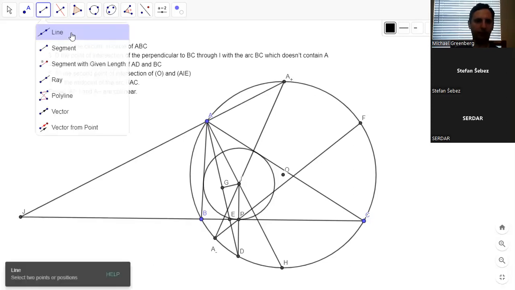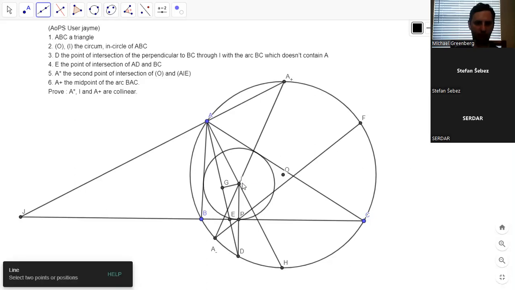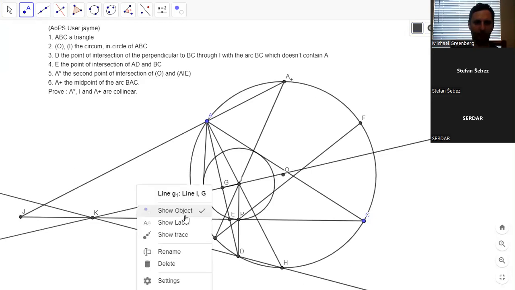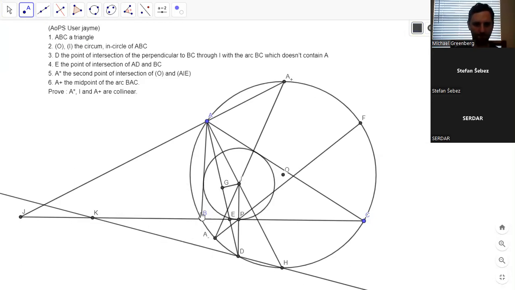Maybe does IG pass through J? No. Does DH pass through that point? Yes. So IG, DH, and BC concur. I don't know if it's worth drawing that. I don't know if that's obvious by the radical axis theorem or something.